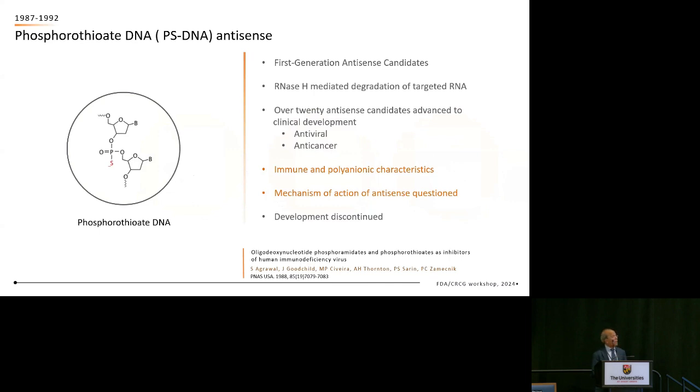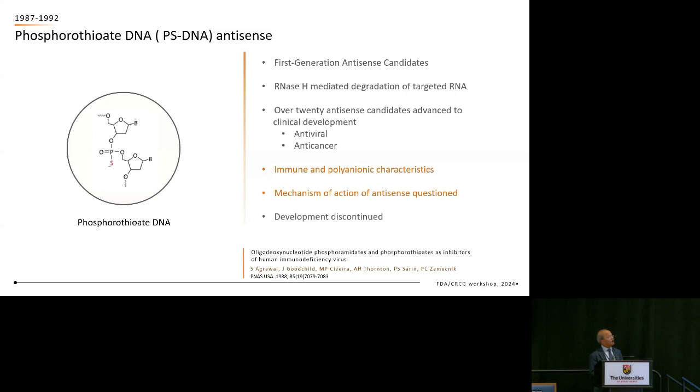The reason for that was we started to learn that this class of compounds have immune responses or polyanionic characteristics because we have stabilized them, so they're bringing these unwanted side effects. And then the question was also whether the mechanism of action is intended based on the target or is it coming from the immune activation.